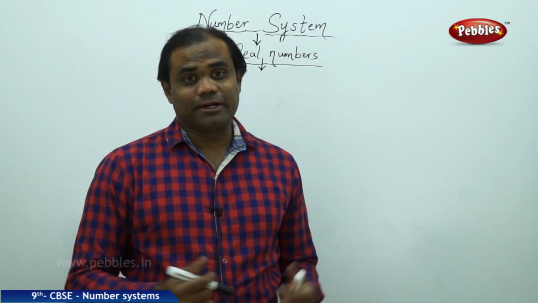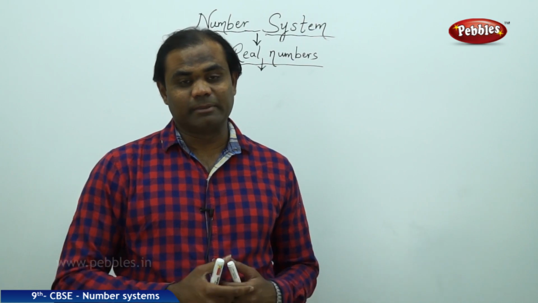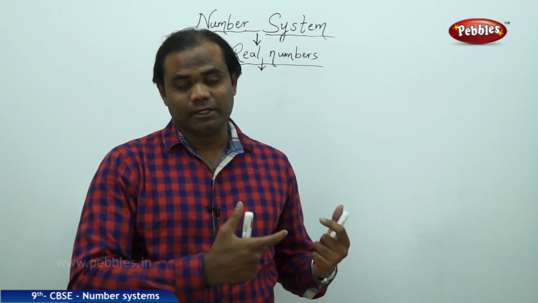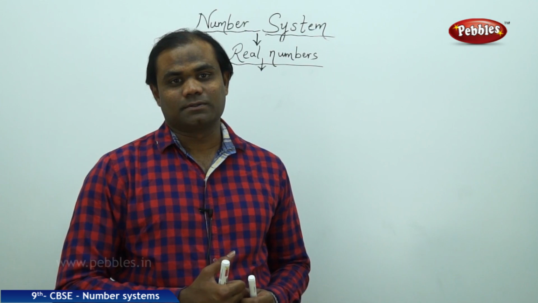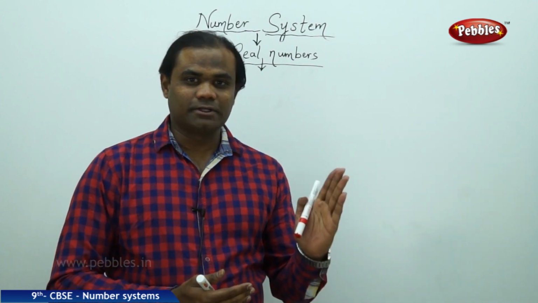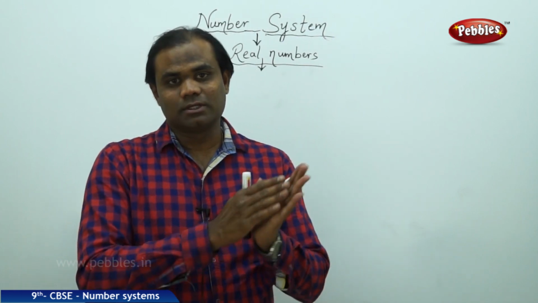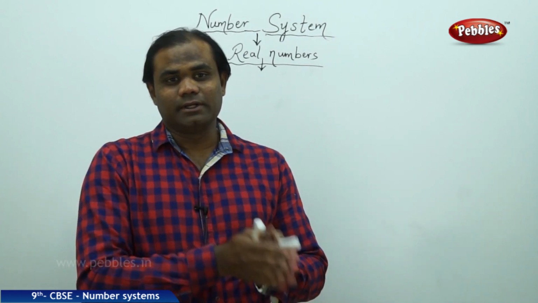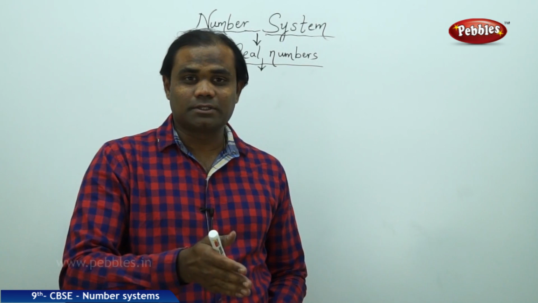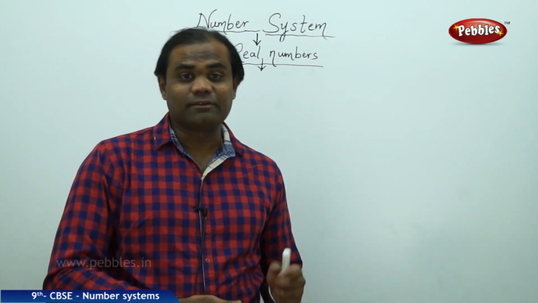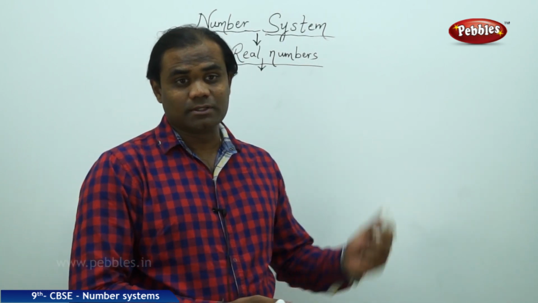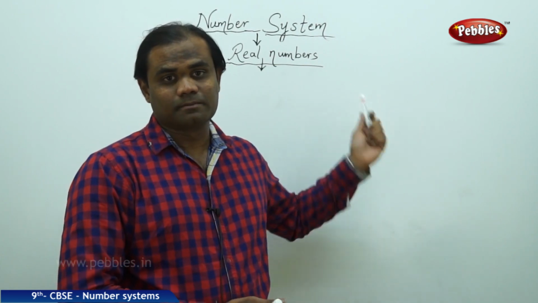Now the last set of numbers in the field of mathematics is real numbers. Starting with natural numbers, we proceeded to whole numbers, to integers, integers to rational numbers, to irrational numbers, and finally from irrational numbers to the real numbers.